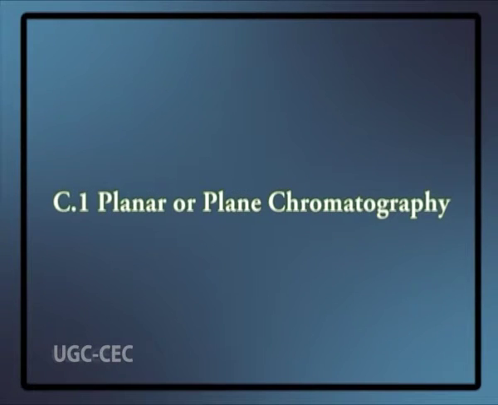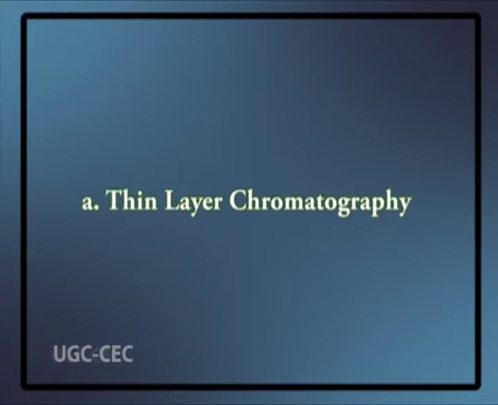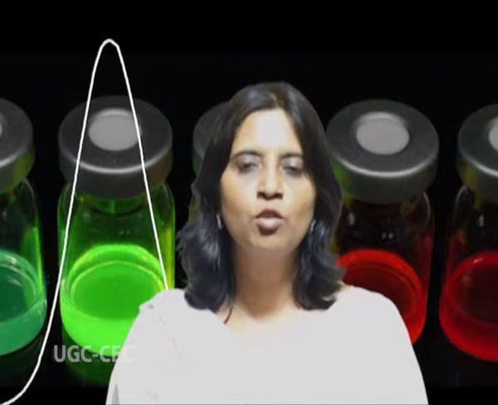Separation based on the method of holding the stationary phase. C1. Planar or plane chromatography. In this type of chromatography, the stationary phase is used in the form of a layer and it is classified as follows. A. Thin layer chromatography. Separation in TLC involves distribution of a mixture of two or more substances between a stationary phase and a mobile phase.